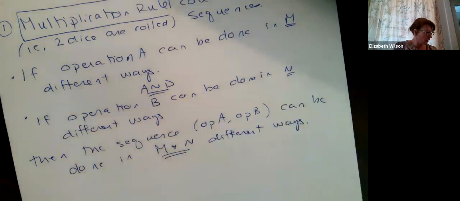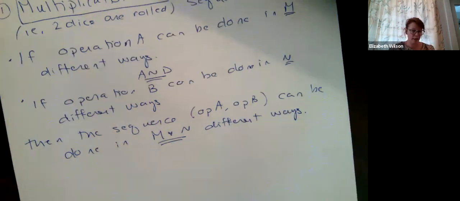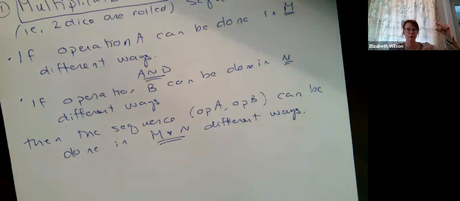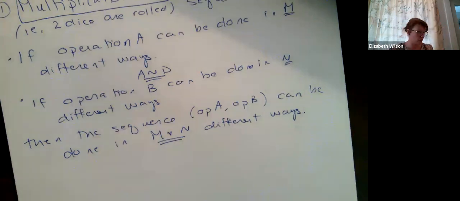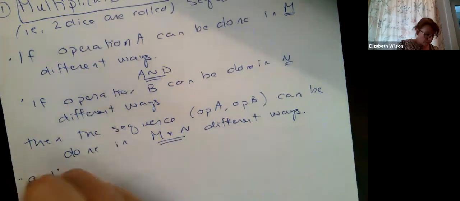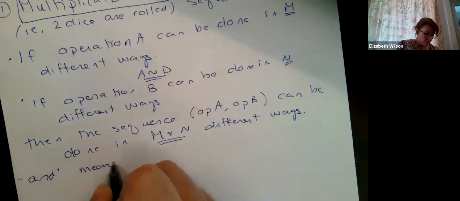We saw this with the two dice, right? Die 1 had 6 possibilities, die 2 had 6 possibilities. We built up a table that had 36 possible combinations. 6 times 6 gave us 36, just as an example. So in this case, "and" means to multiply.